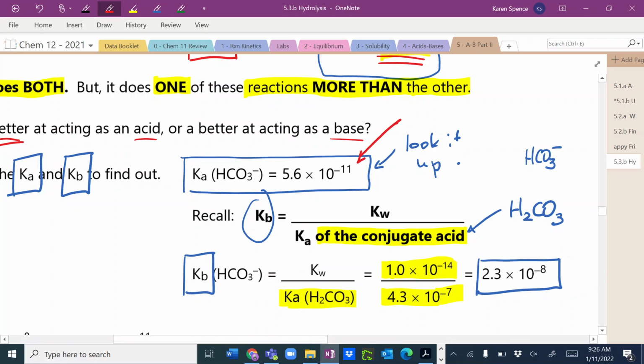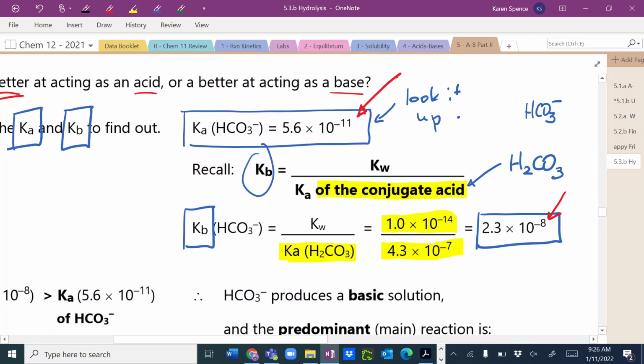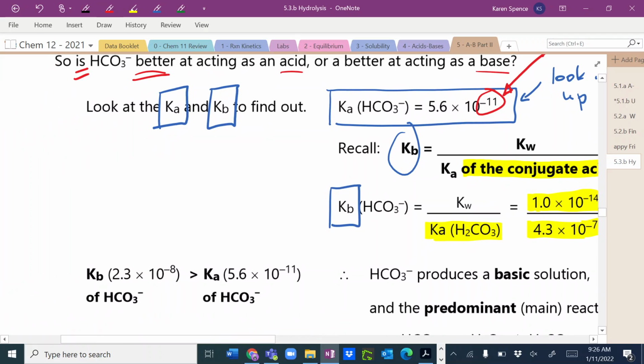If you look at these two values, do you think that HCO3 is better at acting as an acid or better at acting as a base? Hopefully, you look at this and you say, oh, 10 to the negative 8, that's bigger than 10 to the negative 11. So we can write this statement.